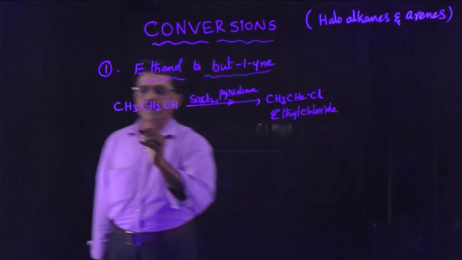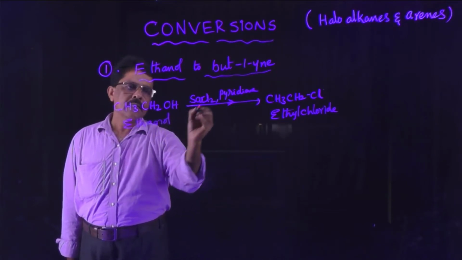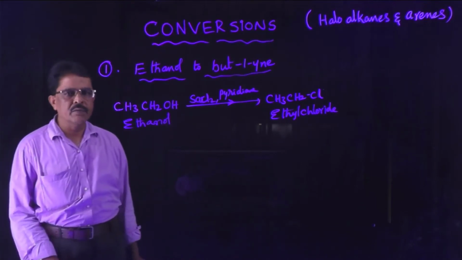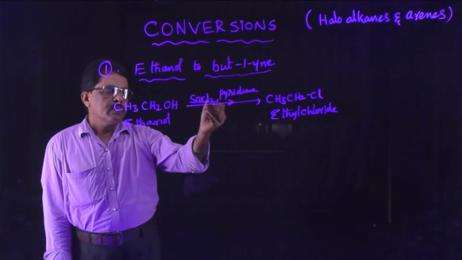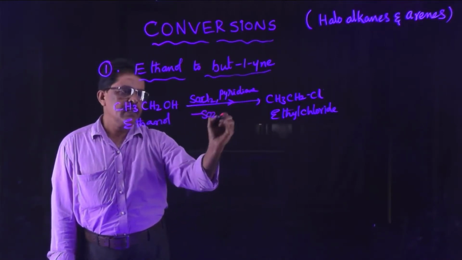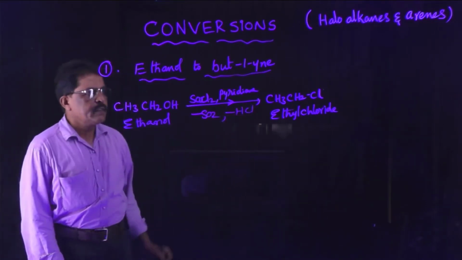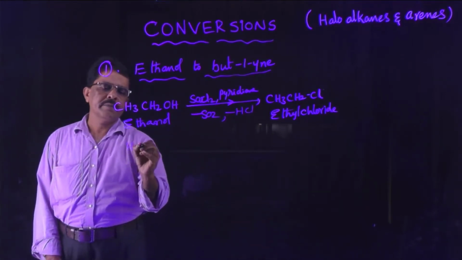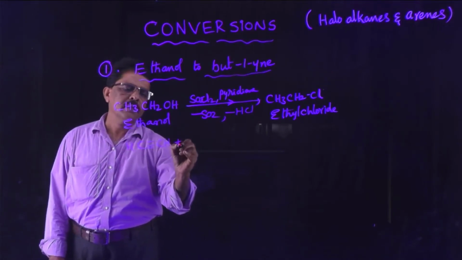Ethanol is heated with thionyl chloride in the presence of pyridine. Then you will get SO2 and HCl as byproducts, right? Ethyl chloride is obtained. Then acetylene, formula CH triple bond CH, is taken.